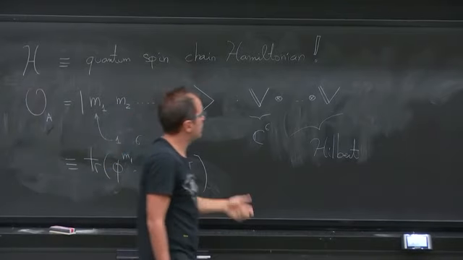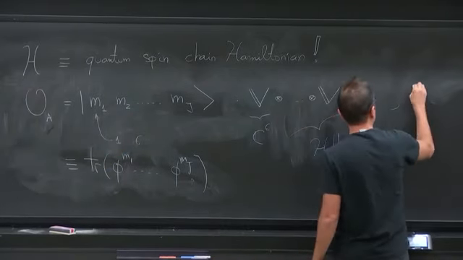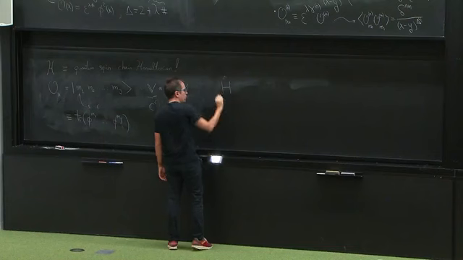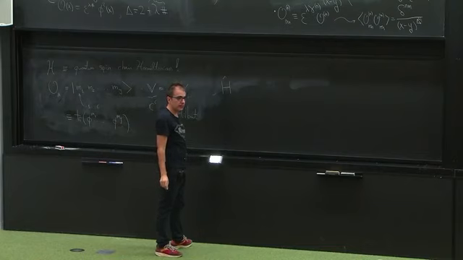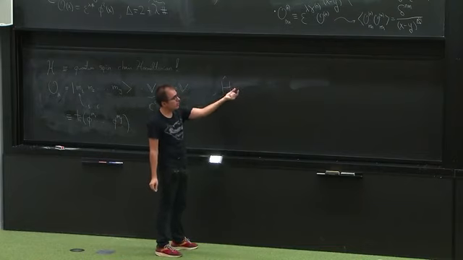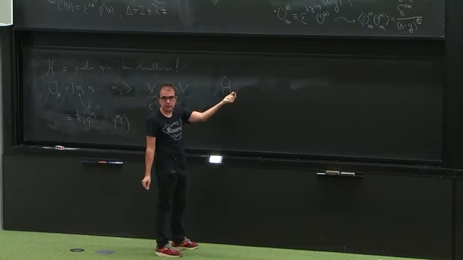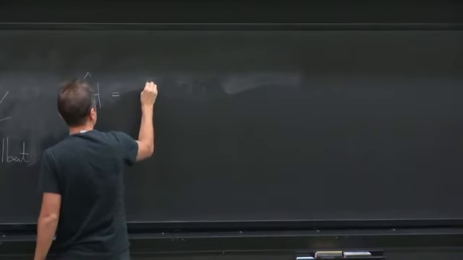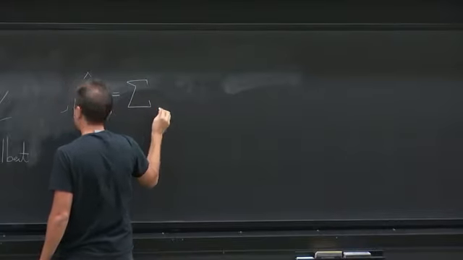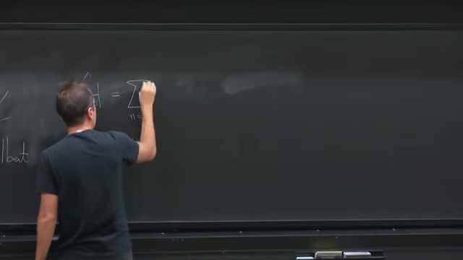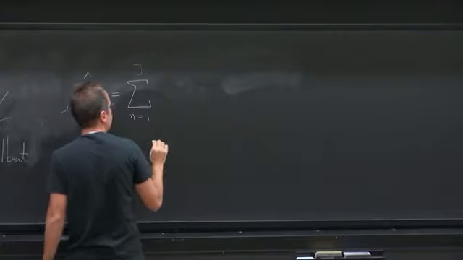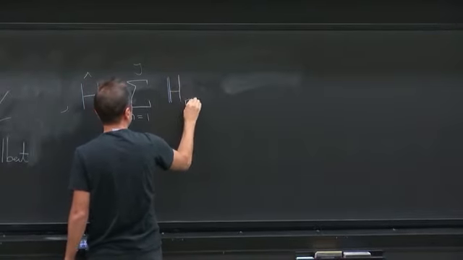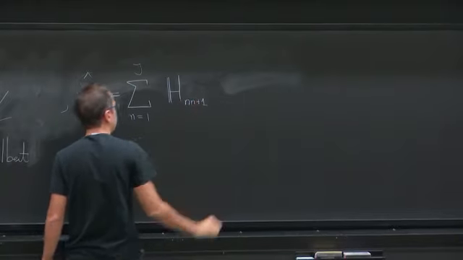And then how does this H act? Then my Hamiltonian of my spin chain, H, the object that I need to diagonalize, you see that it does nothing except locally at positions n and n plus 1. So this H is a local Hamiltonian. It's a sum from n equal to 1 up to the size of the spin chain. And then it just acts with a Hamiltonian density at positions n and n plus 1.